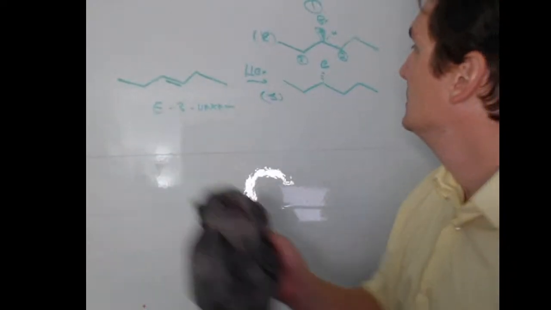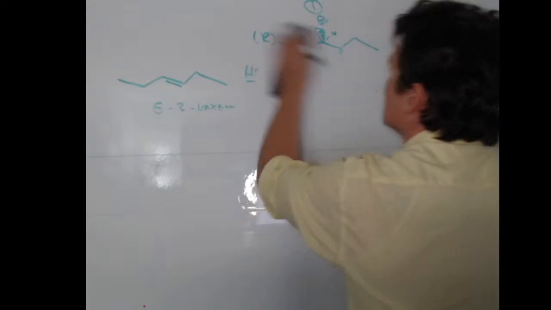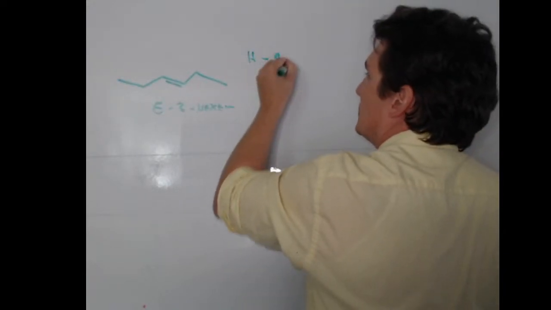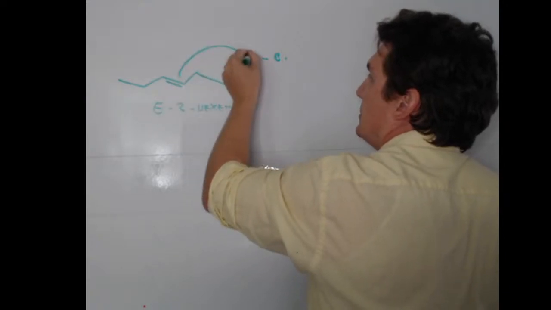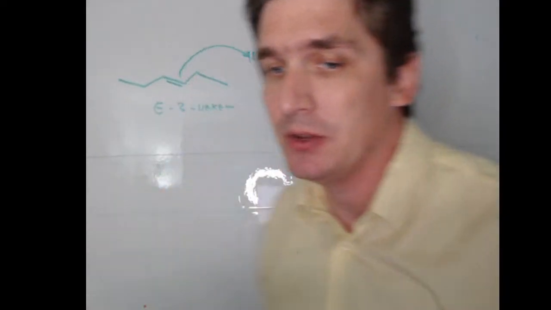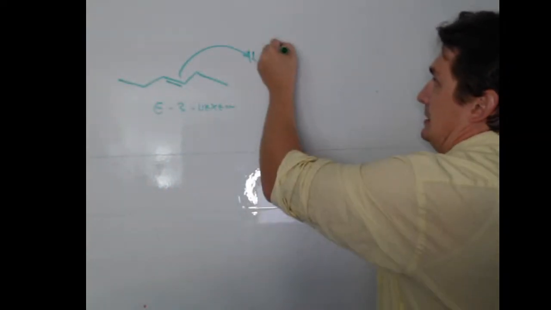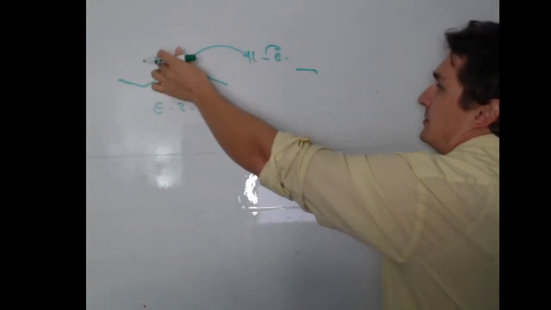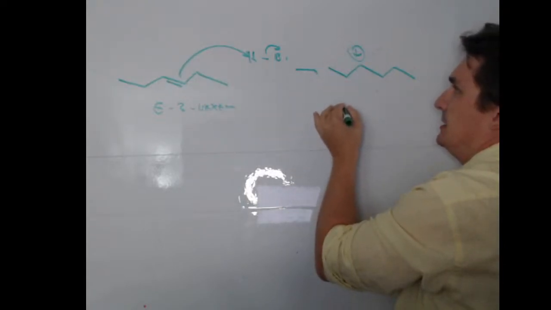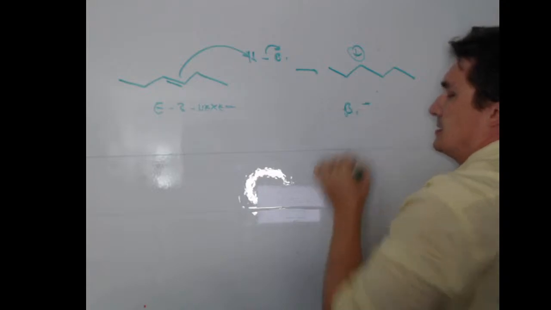So, for the mechanism, we start with HBr. First thing we're going to get is an attack. Now, we know the bromide is going to end up on the carbocation, so in terms of deciding which way it goes, basically we know we have to finish with the bromine on that carbon. So that'll be our carbocation, and that gives us the bromide ion.